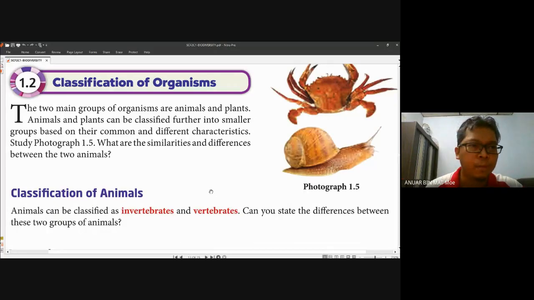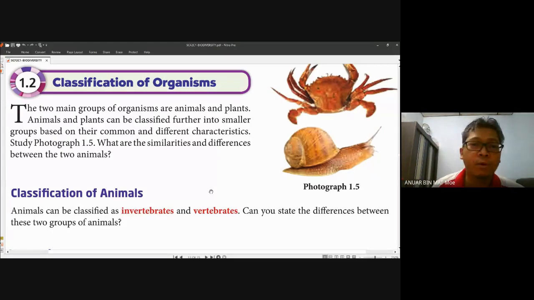So 1.2, this is the second subtopic in chapter 1. There are only two subtopics in chapter number 1, biodiversity. If you still remember, in subtopic 1.1, biodiversity, you already learned about the diversity of organisms, the meaning of biodiversity, and the importance of biodiversity to us.